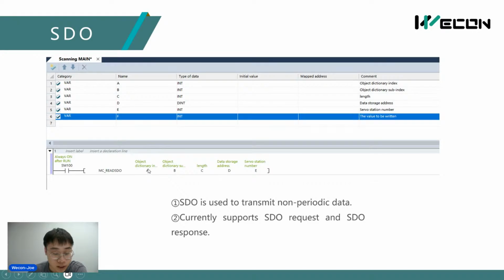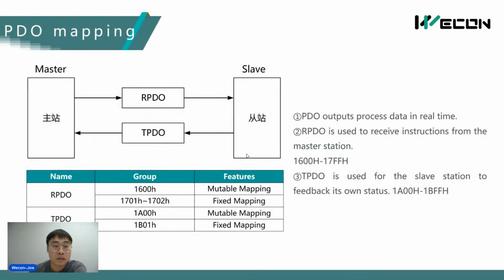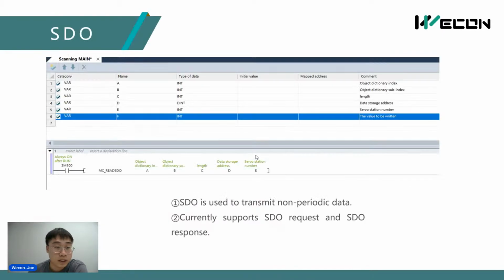SDO is suitable for data that does not need a fast response, like servo current or servo voltage. Okay, if we want to write or read data like position, which has a high requirement for response, we can use the PDO instruction.